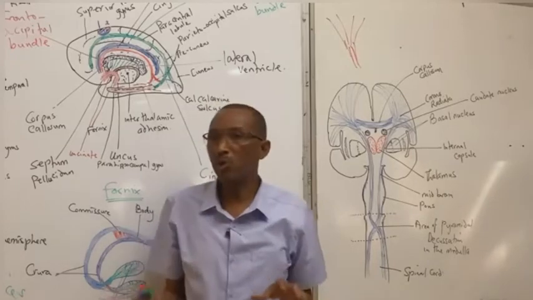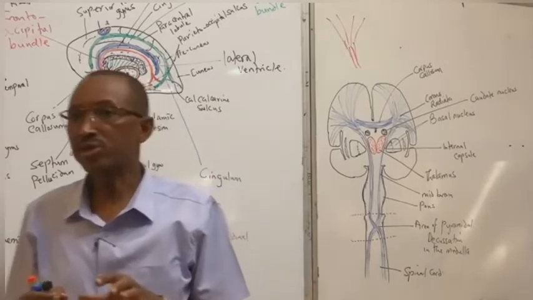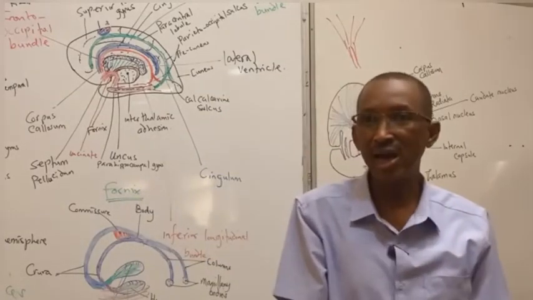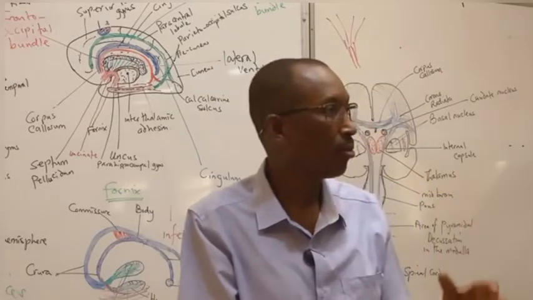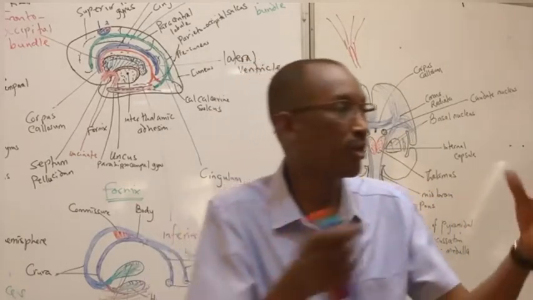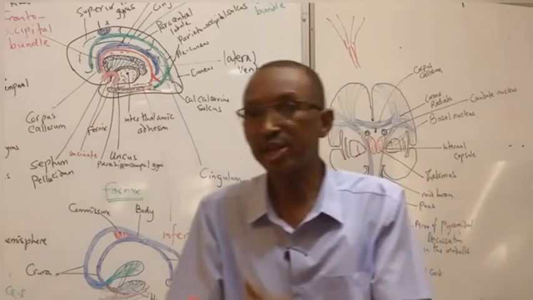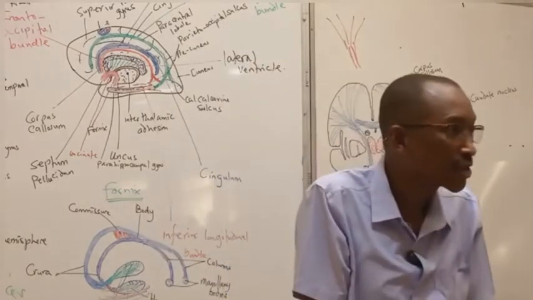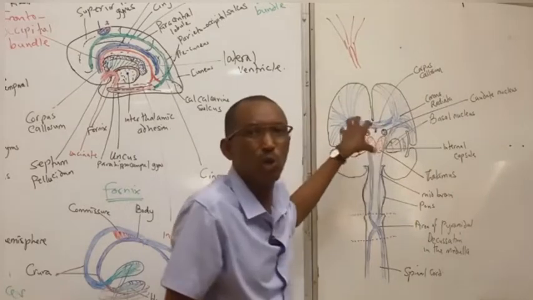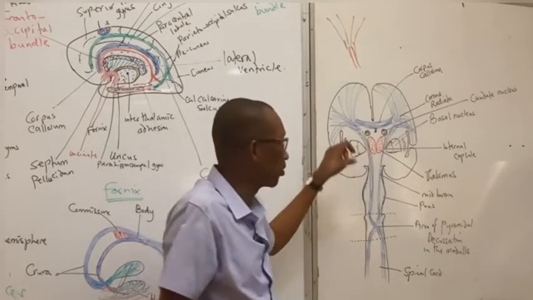If you can remember, we said that in the nervous system, we have both white matter and gray matter. And the gray matter can be on the outside or on the inside. On the inside, that is what we call nuclei, singular nucleus. So these are all intracerebral nuclei of importance that we will discuss.